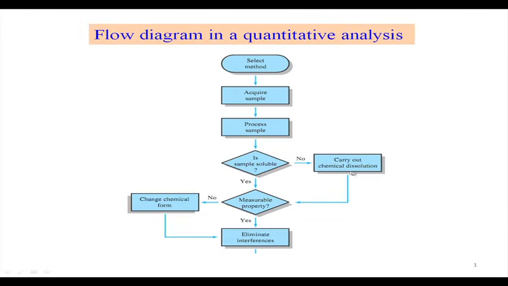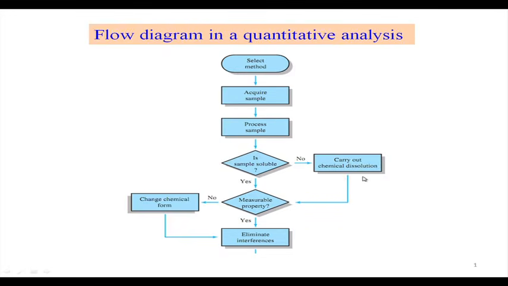We will slowly see how we can process it. In this case, if it is a steel sample, we can treat it with some acid or mixed acid, say concentrated sulfuric acid or concentrated nitric acid. If this acid can carry out the dissolution, that means steel can be attacked by these acids, you get the solution.